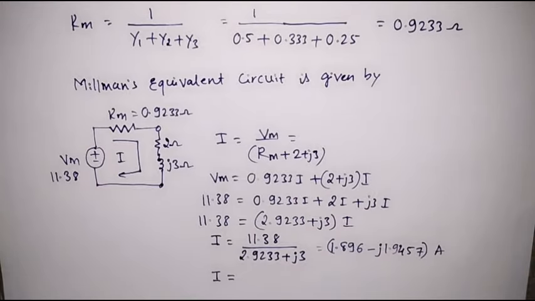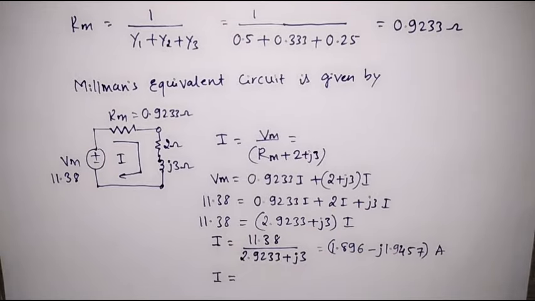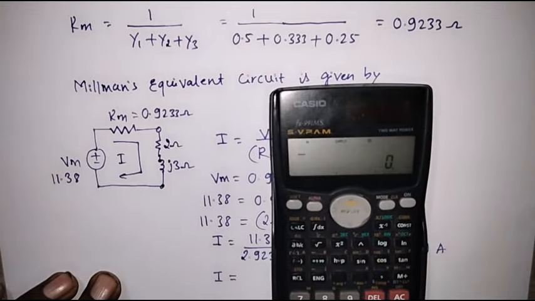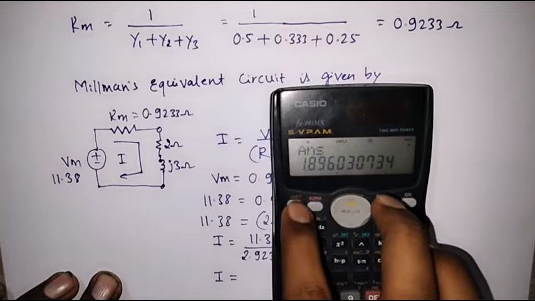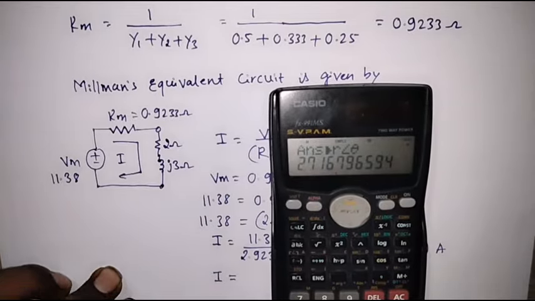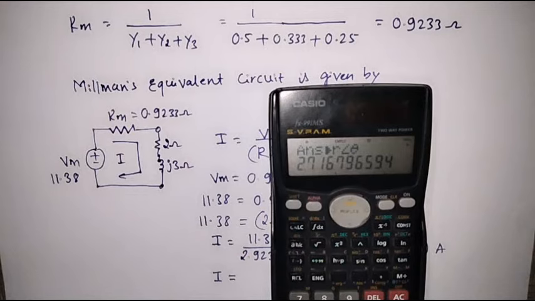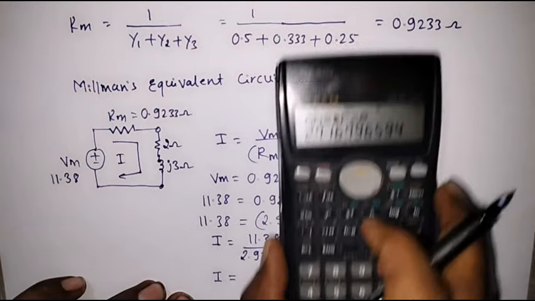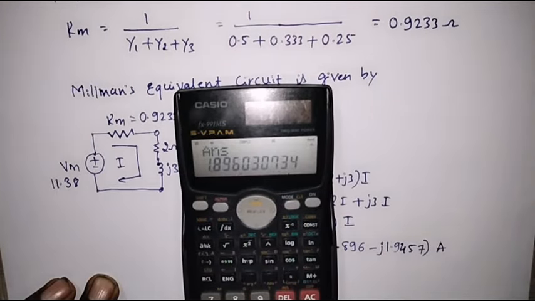Here the current value is in rectangular form. It's better to keep the answer in polar form also. Just press shift plus sign, and we get R angle theta.